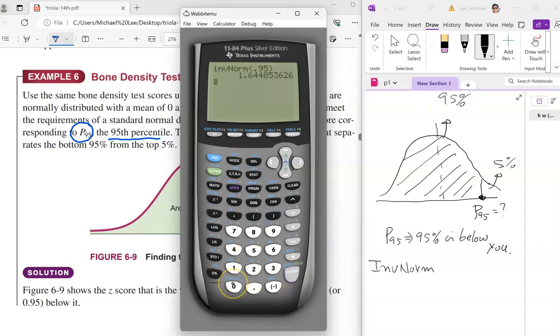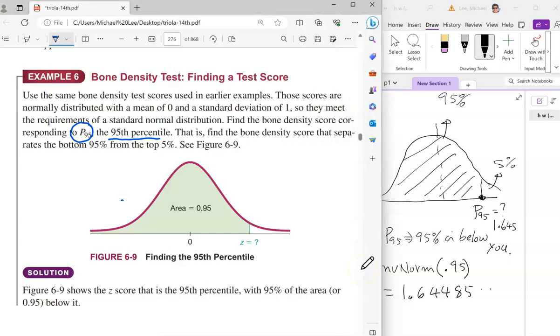So it is 1.645. You see, inverse norm 0.95. When you hit enter, you get 1.64485 like this. So I don't know how many decimals they want.